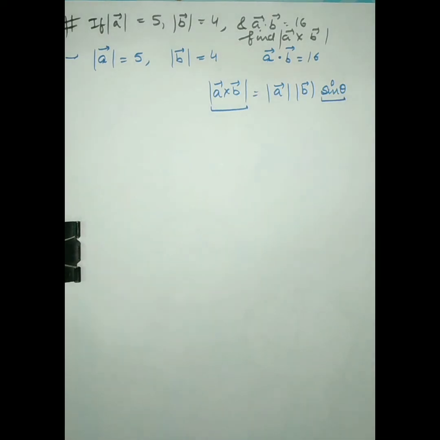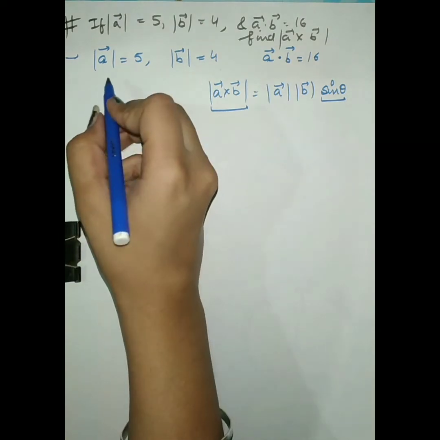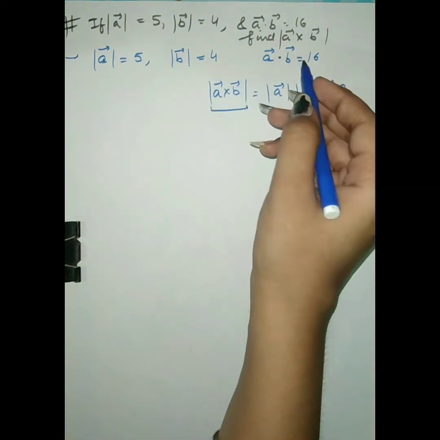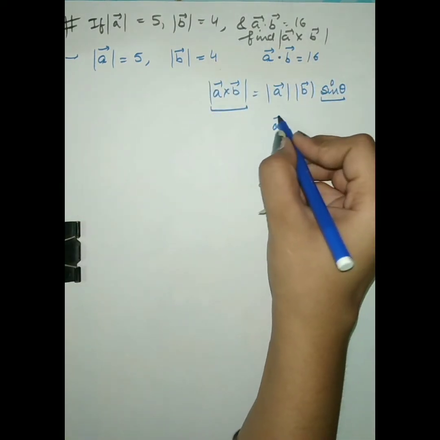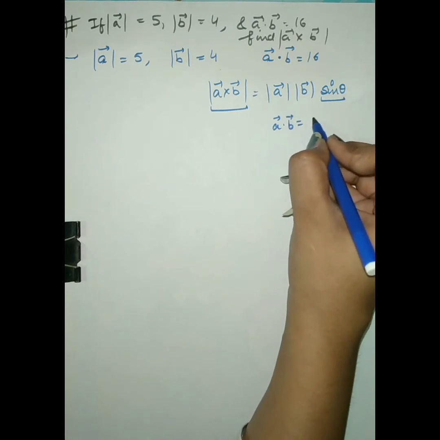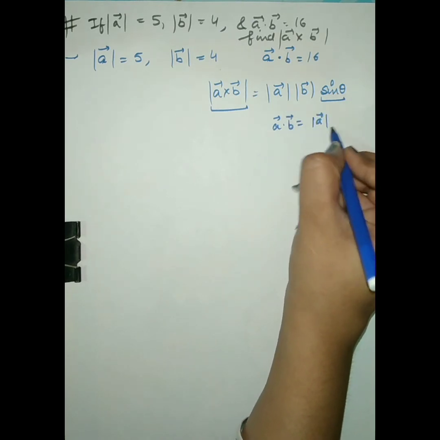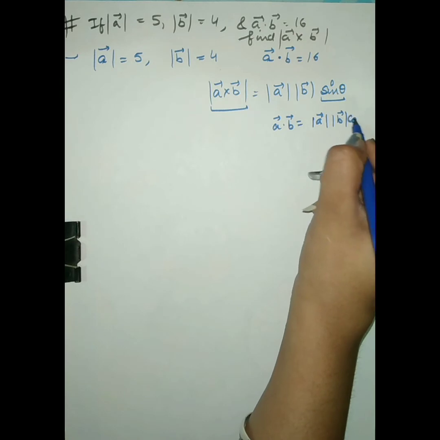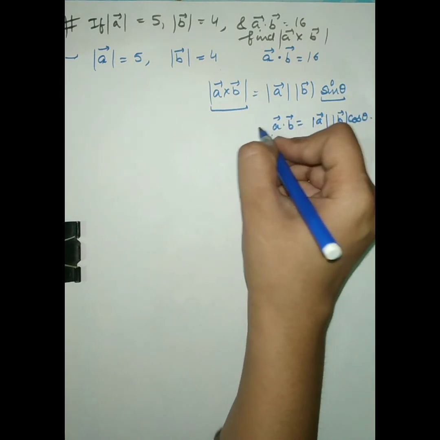For finding the sine theta we have to apply the formula: A vector dot B vector equals 16, and we know that A vector dot B vector equals the magnitude of A vector into the magnitude of B vector cos theta. So we apply this formula here.